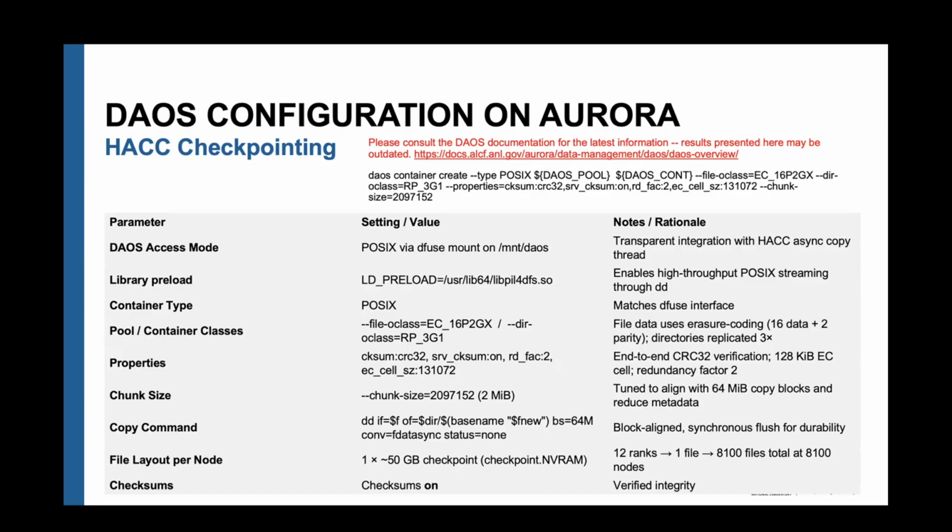In our case, we're really concerned about the checkpoint files, which are very large, on the order of 50 gigabytes per node file. Like I said, we were writing basically 500 terabyte collective checkpoints, but each node is generating its own approximately 50 gigabyte file.